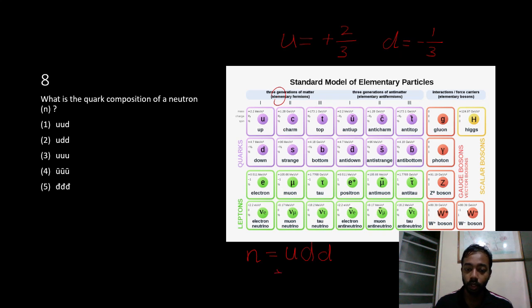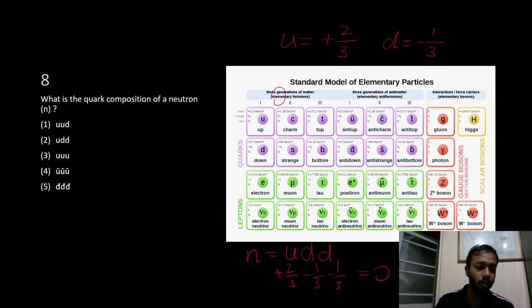If you add the charges together, plus 2 over 3 minus 1 over 3 minus 1 over 3, the total charge becomes 0. The proton is made up of 2 up quarks and 1 down quark. Considering the charge, it's plus 2 over 3 plus 2 over 3 minus 1 over 3. If you add these three together, you will get plus 1 as the answer.